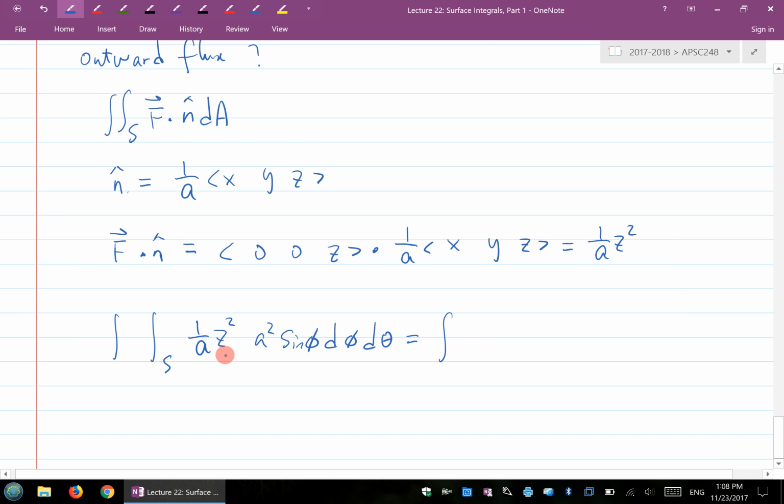Now we're going to replace every x, y, z with the spherical coordinates. So replacing the z with which quantity? With a times cosine phi. So that's your z. Here's another a squared sine phi still there. So that's the surface integral.